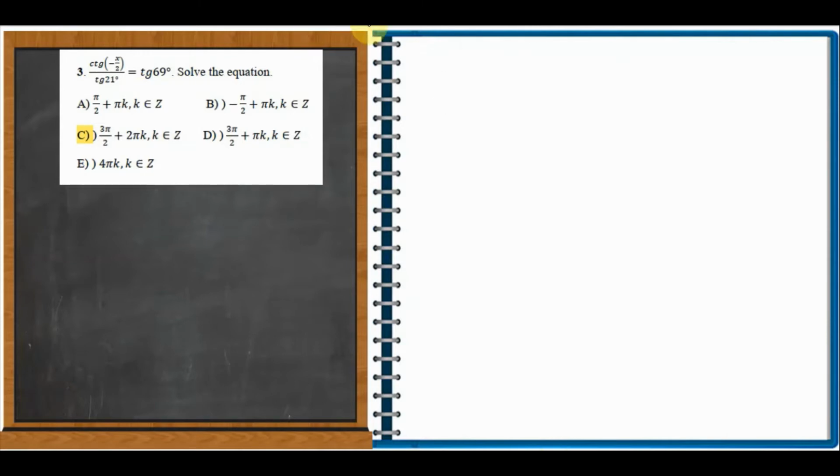Number 3. In this question, we have trigonometry. First, I need to rewrite this question like this. We have cotangent of negative x over 2, over tangent 21 degrees, equals tangent 69 degrees.